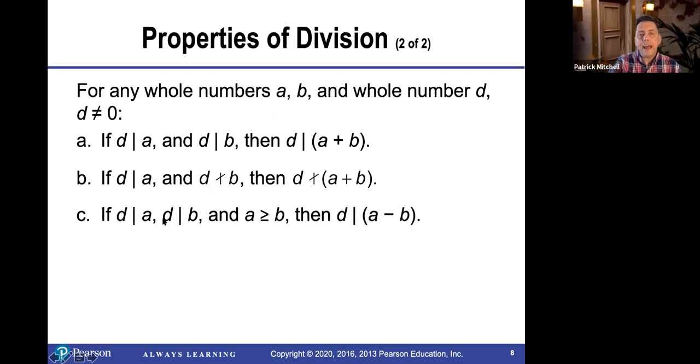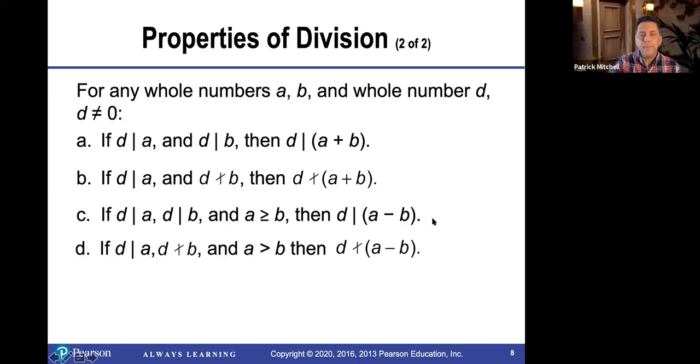If d divides a and d divides b and a is greater than or equal to b, then d is going to divide a minus b. If d divides a and d does not divide b and a is greater than b, then d does not divide a minus b.